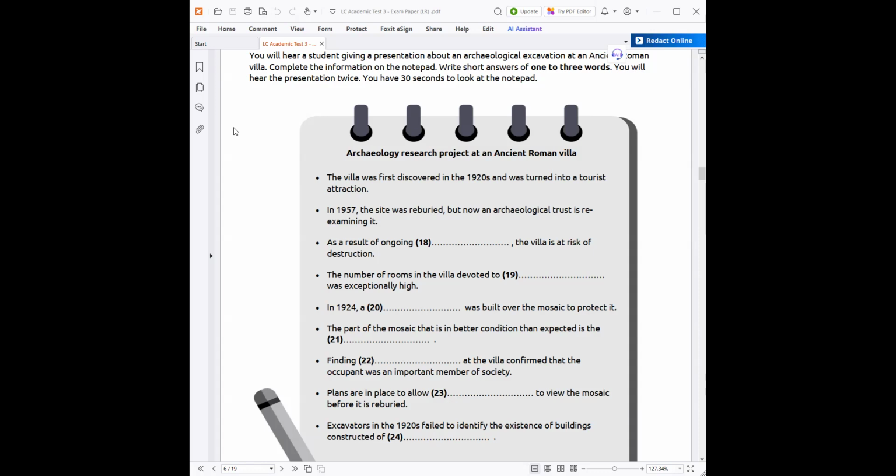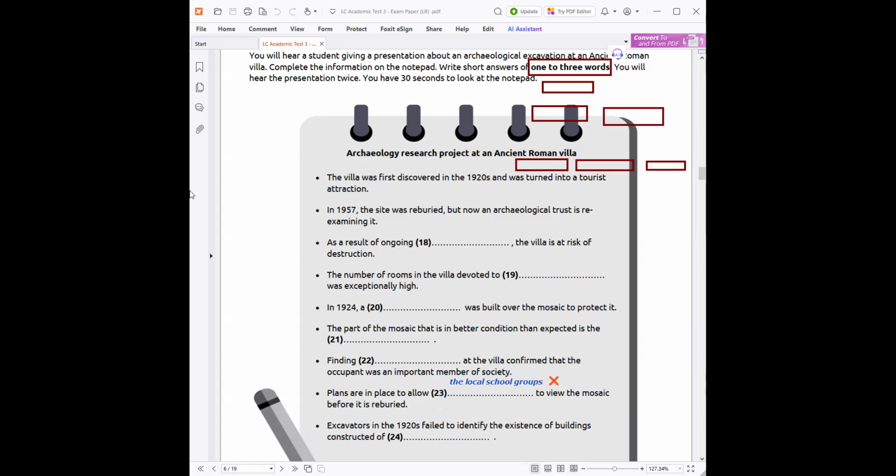That's why they're saying your answer can be 1, 2, or 3 words. Your answer can be one word, 2 words, or 3 words long. But you cannot write 4 words. For example, in question 23, if you mistakenly wrote allow the local school groups, your answer will be marked incorrect, because you're breaching this instruction.